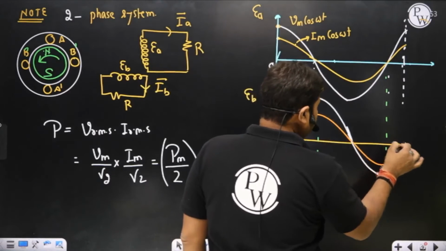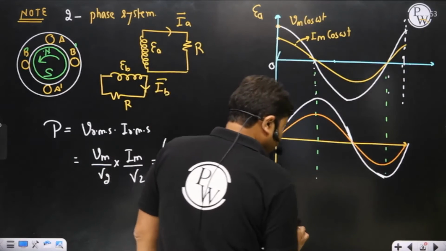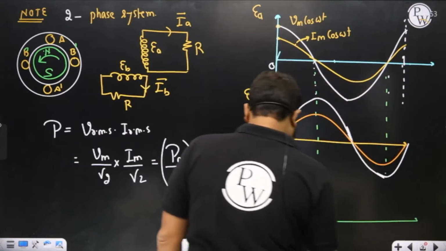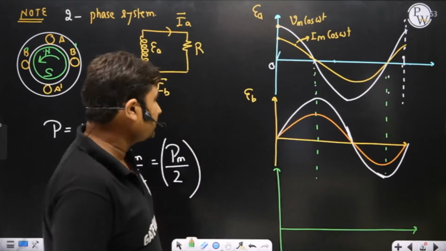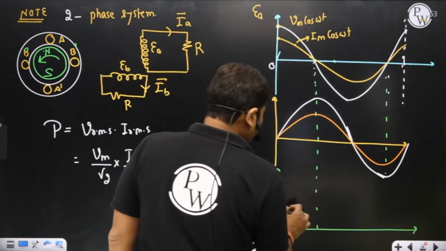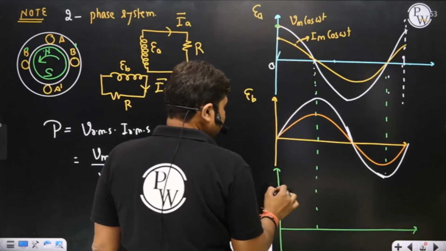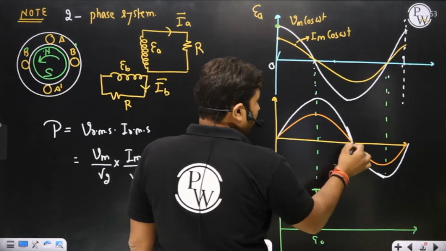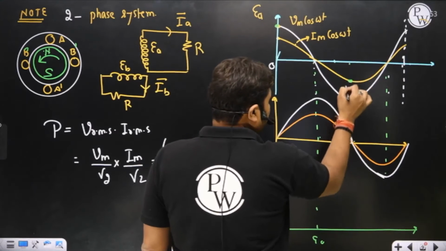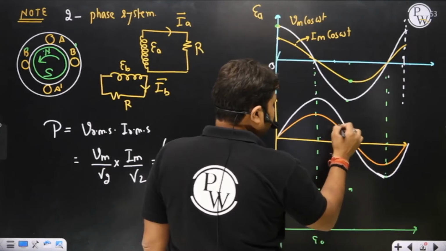So what is the product of voltage and current in a two-phase system? Please observe. Sir, the product of voltage and current here is maximum, and after 90 degree it is again maximum, because of EA-IA, and after 90 degree because of EB-IB it is maximum.